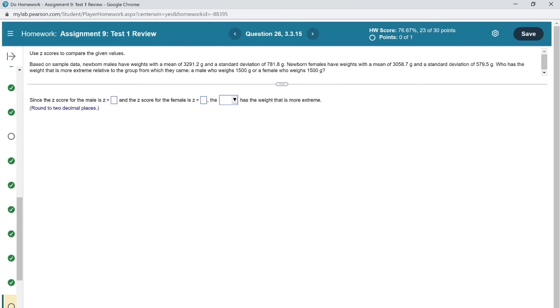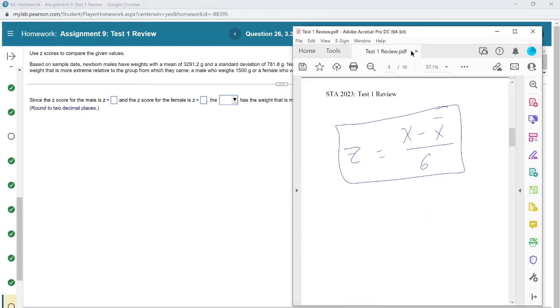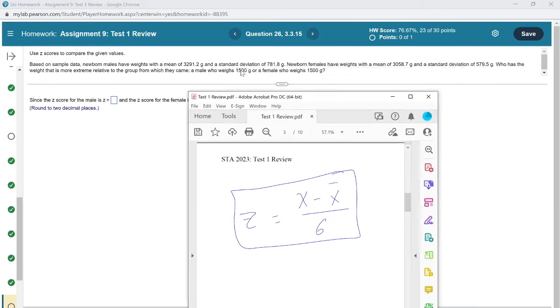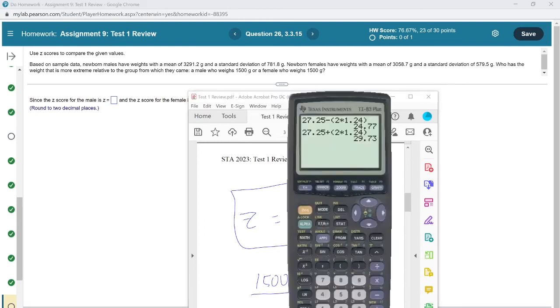So find out the z-score for the male. In this case, you need to use this formula. For the male, the data is 1500 minus the average, 3291.2, divided by the standard deviation, which is 781.8. So calculate this value.